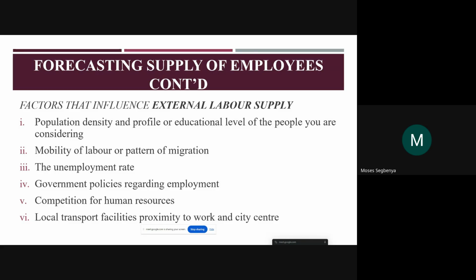So if you are in a village and you are thinking of employing first degree holders, second degree holders, remember they consider all this. If they set out from their homes and are coming to school, how long will it take them to get to the school? If they vacate and travel to the city and come back, how long will it take?